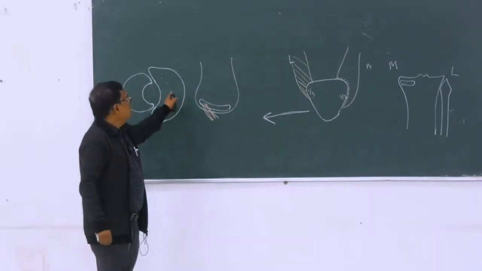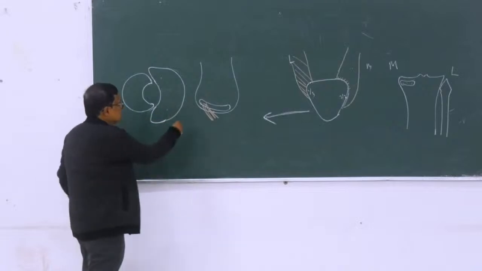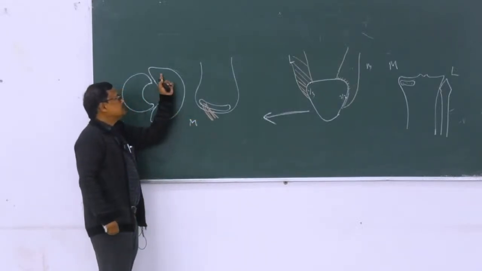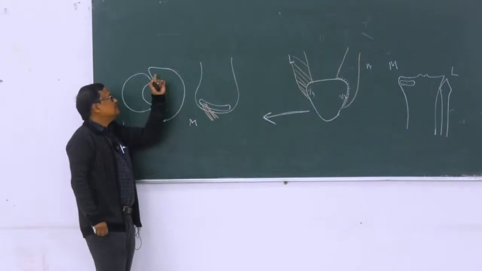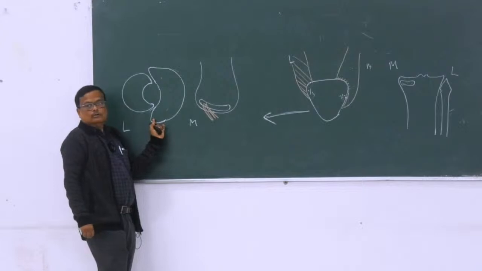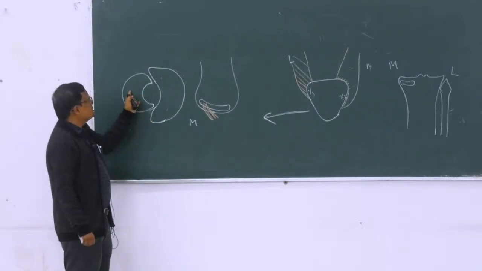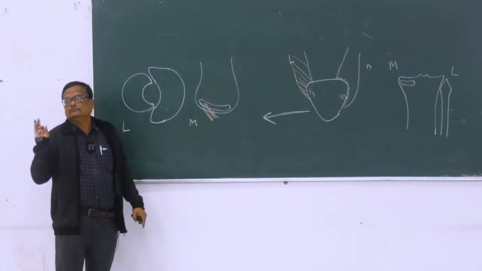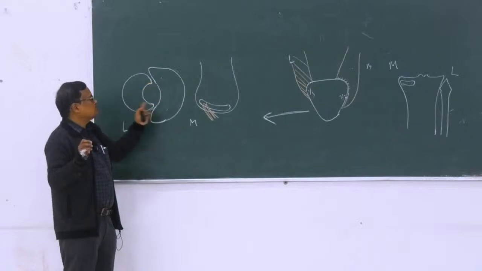So this is the medial side, this is the lateral side. Medial meniscus is semilunar in shape. It has an upper surface, lower surface, anterior horn and a posterior horn. And the lateral meniscus is 3/4 of a circle, and it has an anterior horn and a posterior horn.